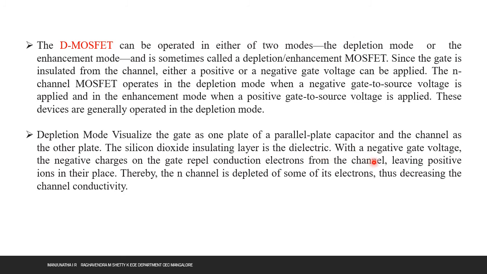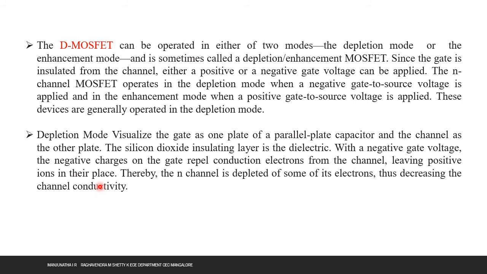With a negative gate voltage, the negative charges on the gate repel conduction electrons from the channel, leaving positive ions in their place. Thereby, the n channel is depleted of some of its electrons, which decreases the channel conductivity.